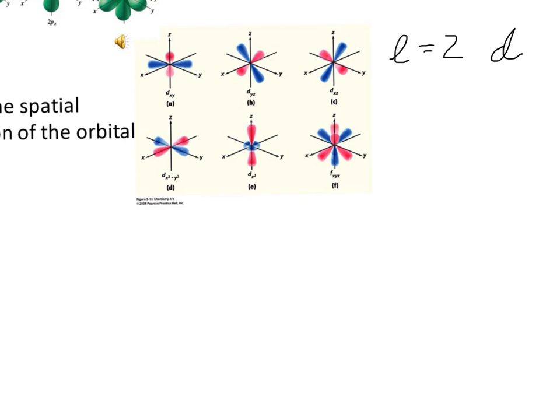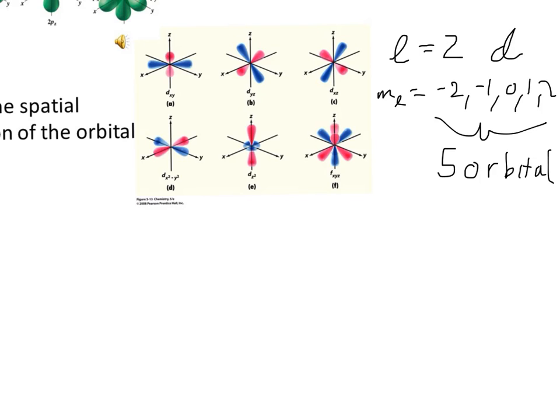If L has a value of 2, M sub L, our magnetic quantum number, can have values of -2, -1, 0, 1, and 2, or 5 values. Since M sub L can have 5 values, that means our D sublevel can have 5 orbitals.